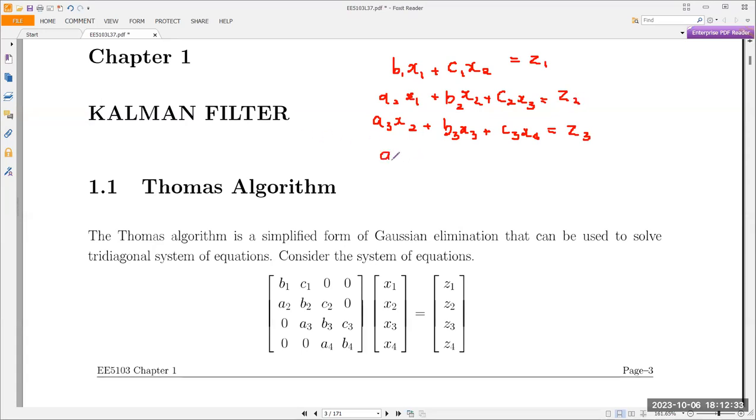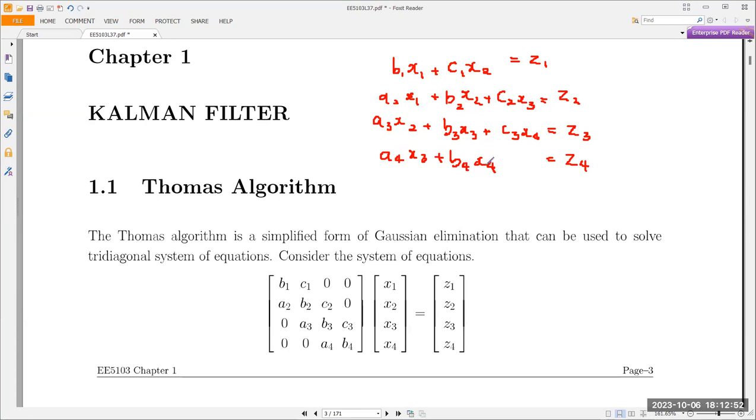Then I have A4 x3 plus B4 x4 equals Z4. So there are 4 simultaneous equations, 4 unknowns, x1, x2, x3, x4.